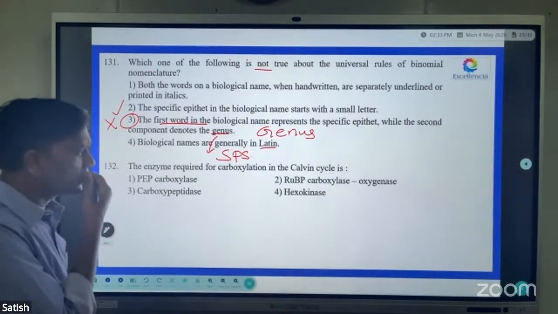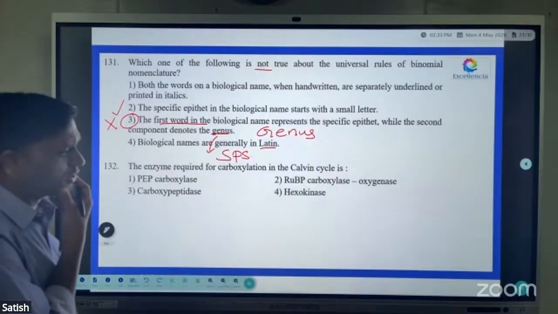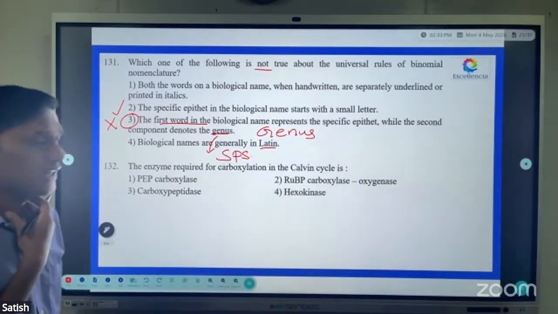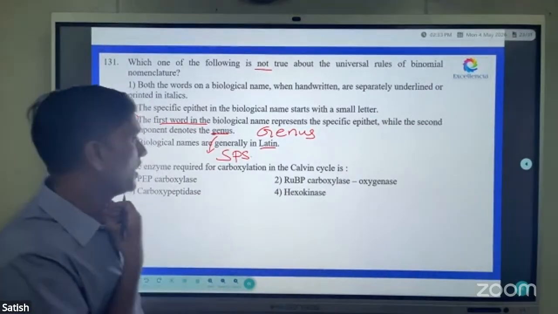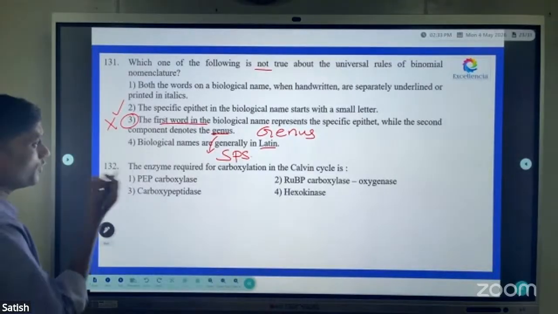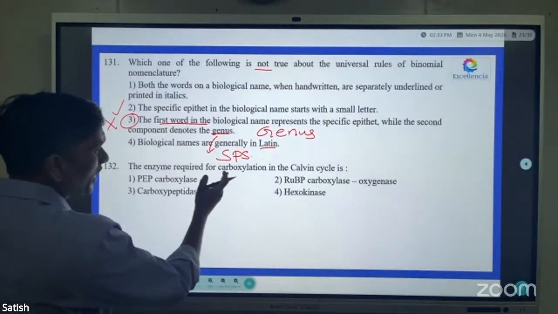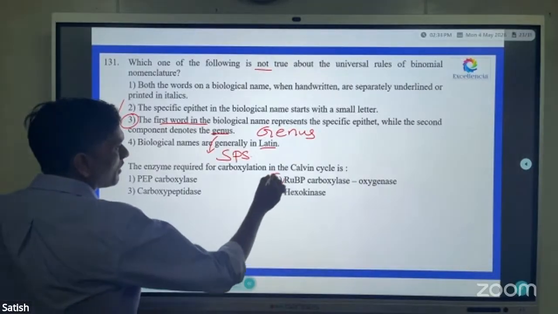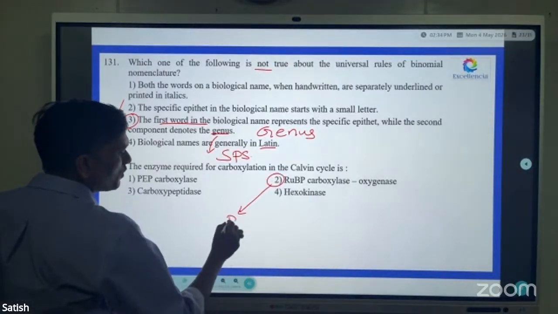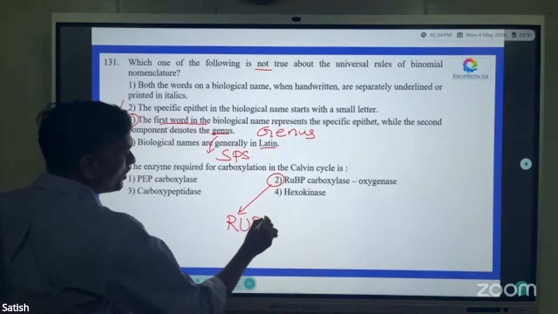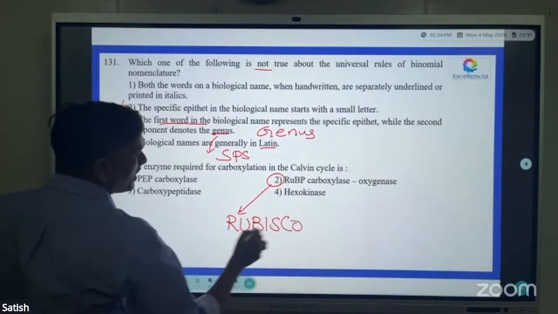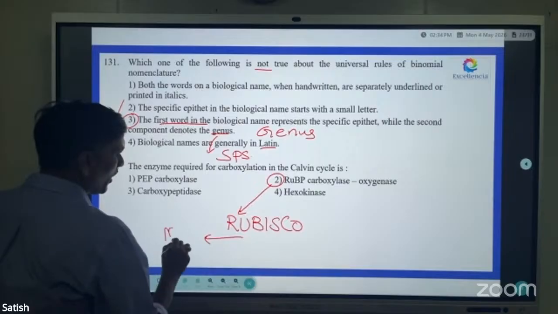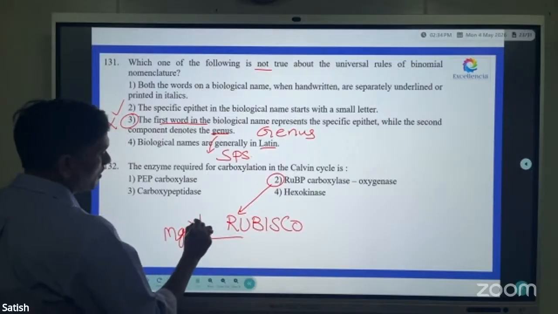Next one. One more question from photosynthesis. This time in plant physiology, they gave more weightage to photosynthesis. So one more question related to the C3 cycle. The enzyme required for carboxylation in the Calvin cycle is the Rubisco enzyme, ribulose 1,5-bisphosphate carboxylase. This enzyme requires magnesium ions as metal ions.